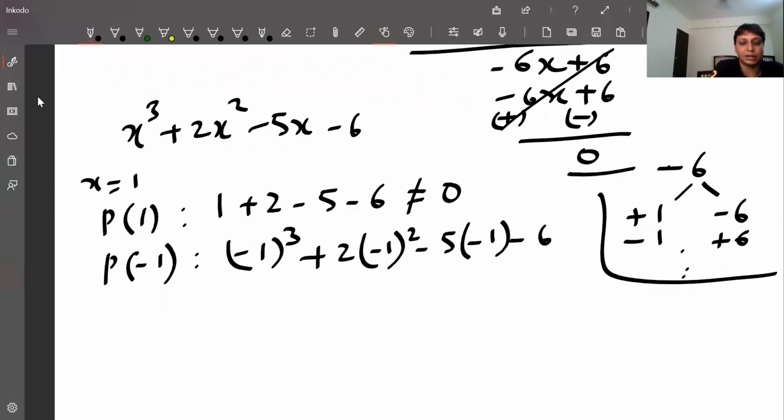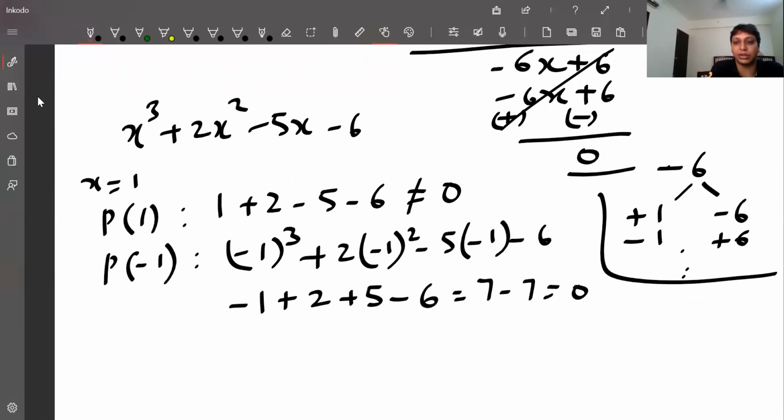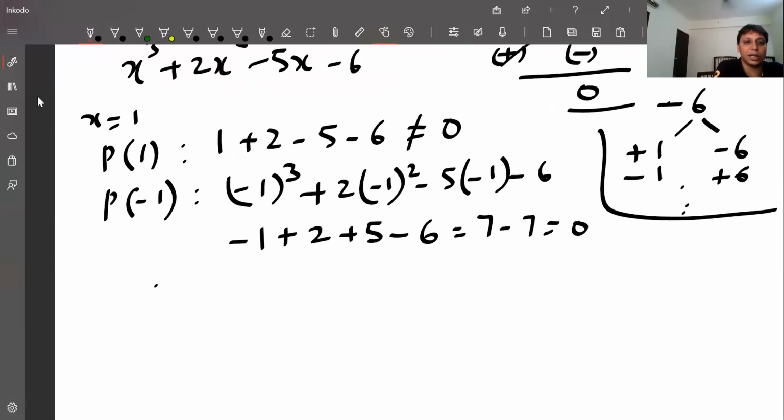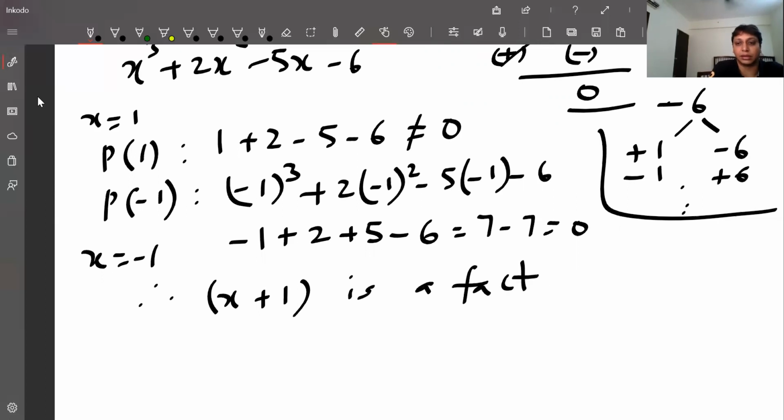So which will give us minus 1 plus 2 plus 5 minus 6, which is giving us 7 minus 7, which is equal to 0. So therefore x plus 1, since x is equal to minus 1 here, is a factor.